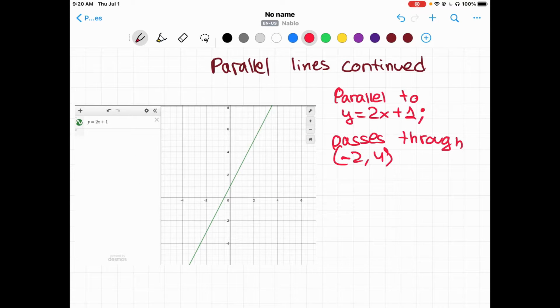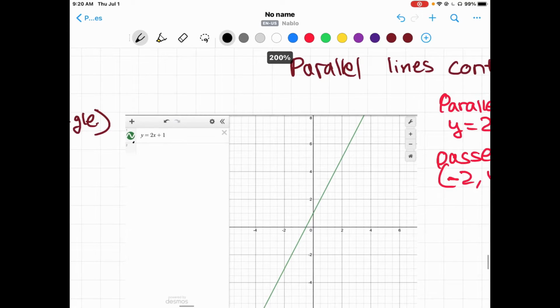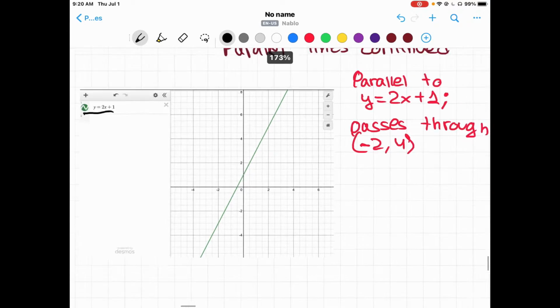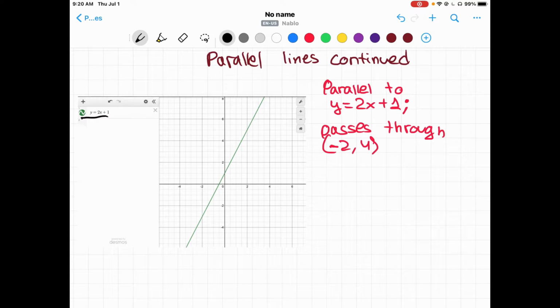So let's go ahead and spice this up a little. This will be a slightly harder example, but you will see where I'm getting with this. We have this line, y equals 2x plus 1, and it is graphed over here. We were asked to find a line that is parallel to y equals 2x plus 1. As I explained before, it has to have the same slope and a different y-intercept.